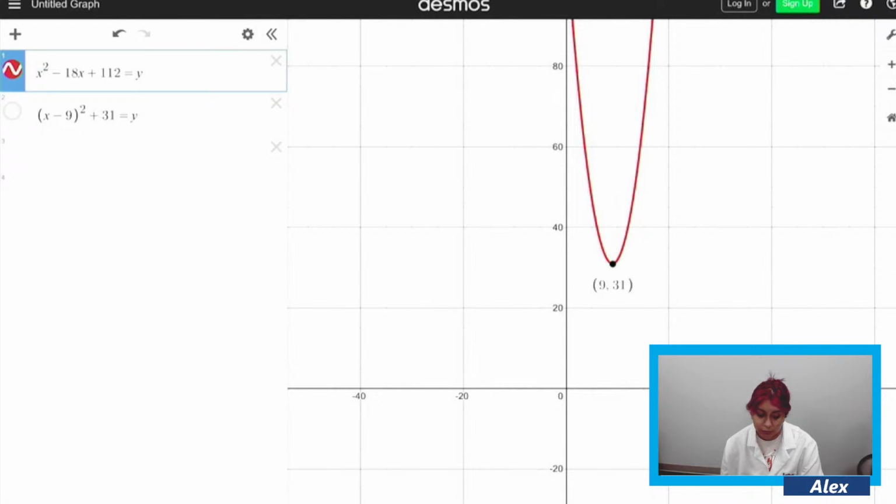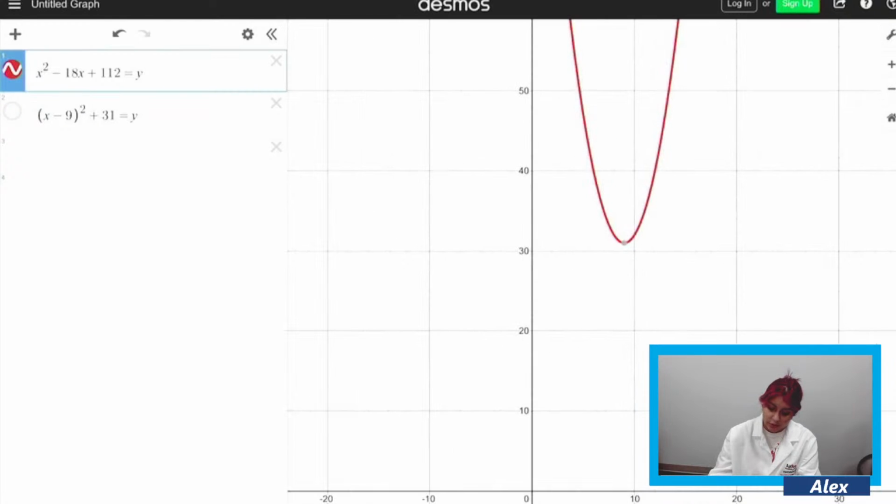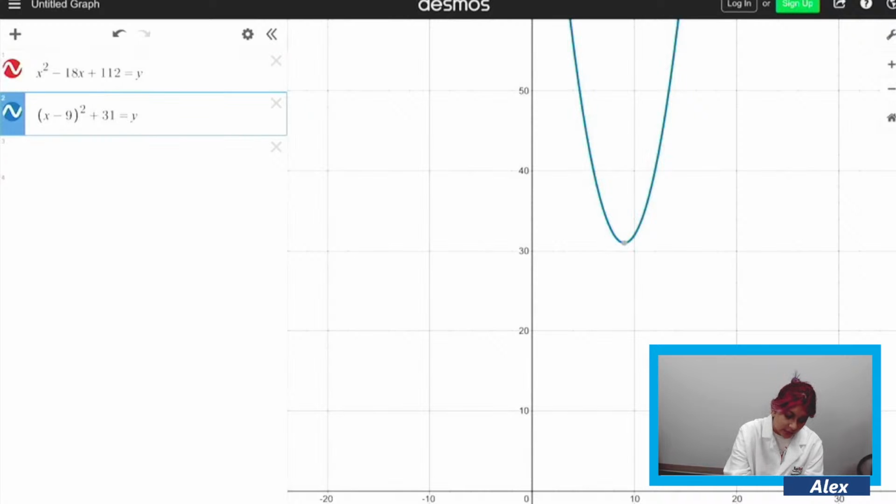So now instead of x squared, we have x minus 9 quantity squared. We can also add 31 to that to move our starting point for the y's. And as you can see, our equation here in vertex form is the same as our original equation.